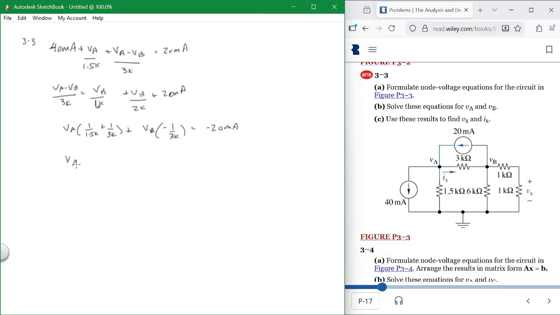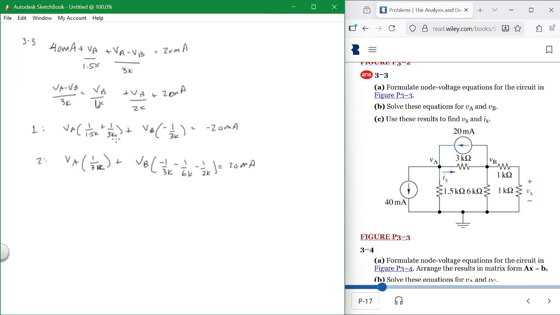Second standard form is VA times 1 over 3K plus VB times minus 1 over 3K minus 1 over 6K minus 1 over 2K is equal to 20 milliamps. Okay, so here's the first one. Here's the second one.